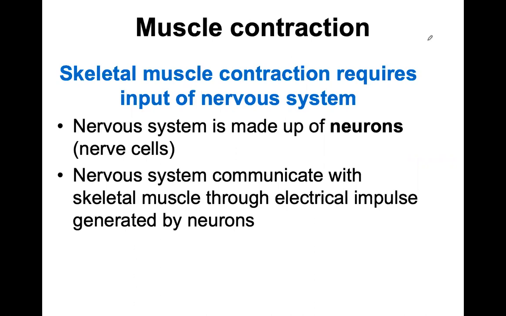Nervous system cells are neurons, or nerve cells, which we feel very comfortable with since we have discussed them in detail. Muscle contraction happens when neurons communicate and pass their electrical impulse to your skeletal muscles, which causes muscle contraction.